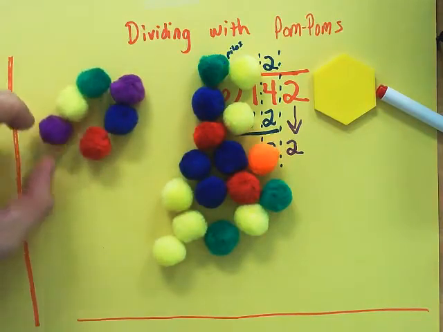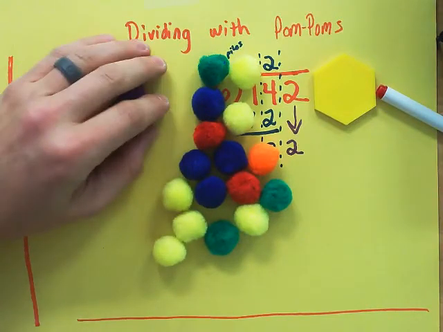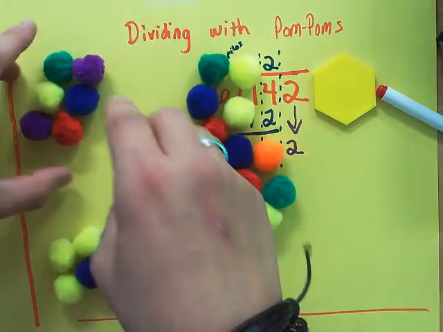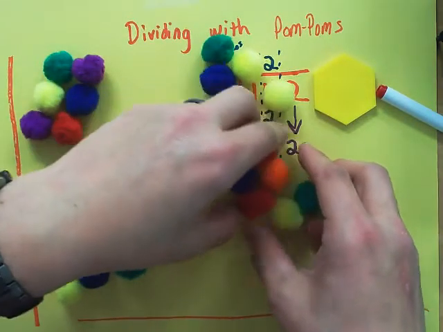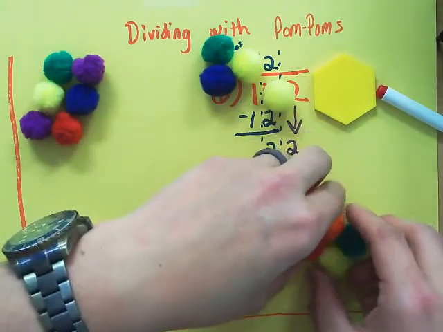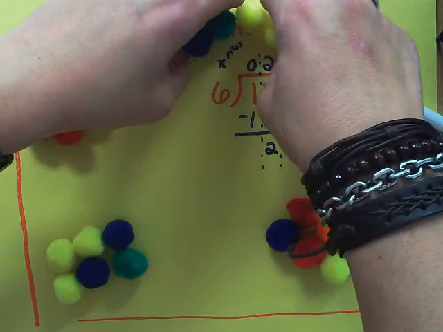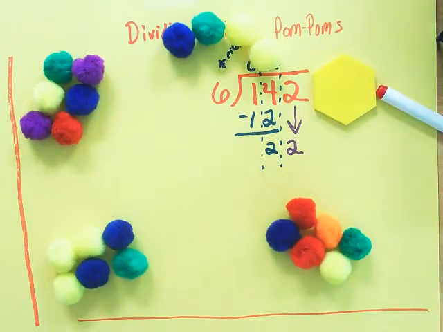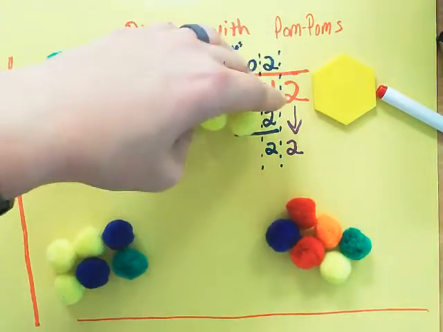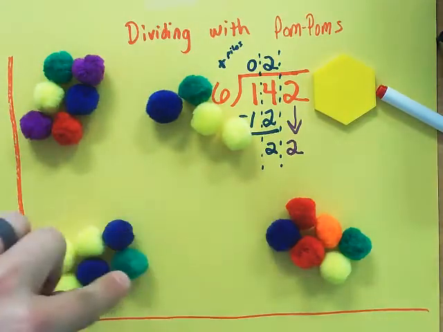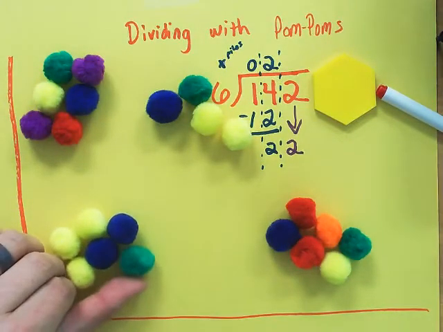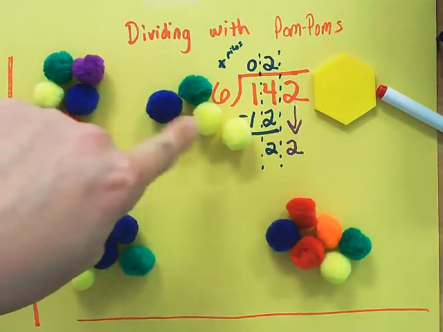So 6, 6, and 6, and I've got these little 4 left over. Okay, so I have 3 piles of 6 down here, and I had some left over.